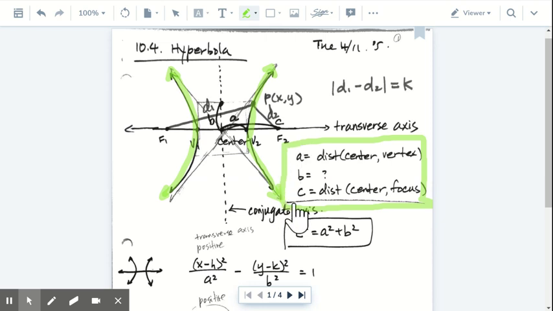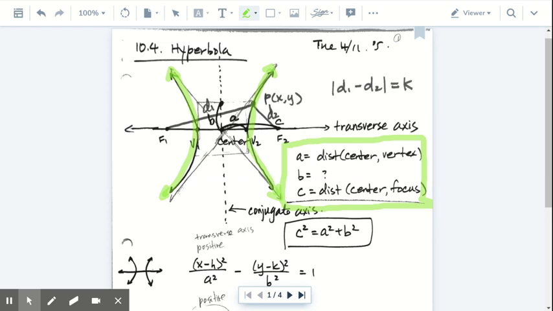So the ABC distances that we defined in the ellipse are still defined the same, except the longest side will be different. So A is still the distance between the center and the vertex. In this case, that's the shorter distance on the inside.